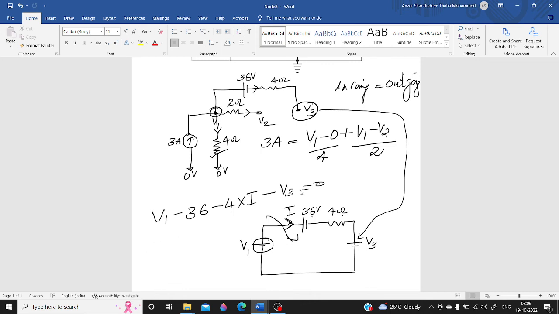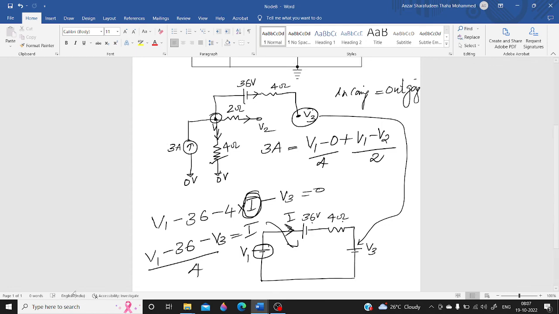From this you can find the current: V1 minus 36 minus V3, divided by 4, will give you the current I. So simple: the total voltage divided by resistance will give you the current.